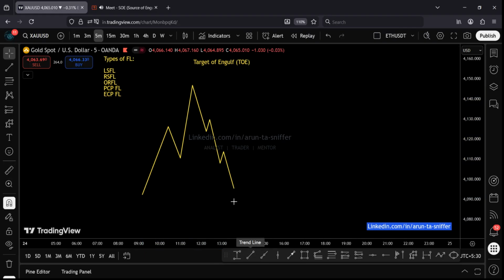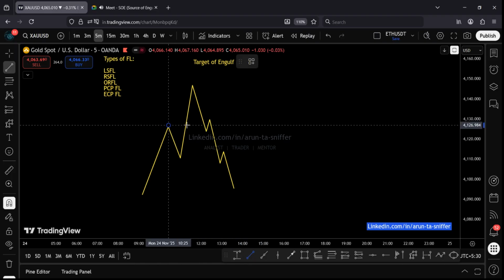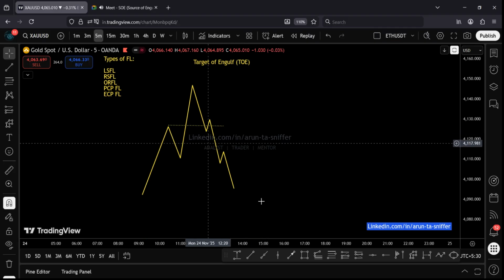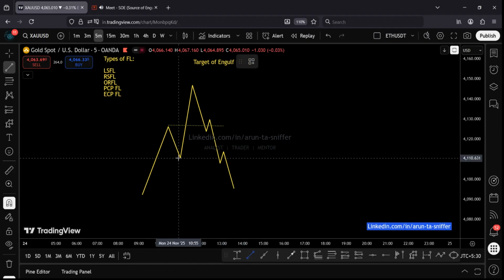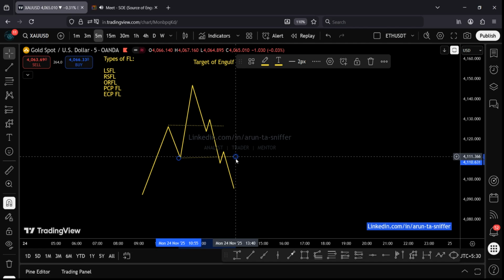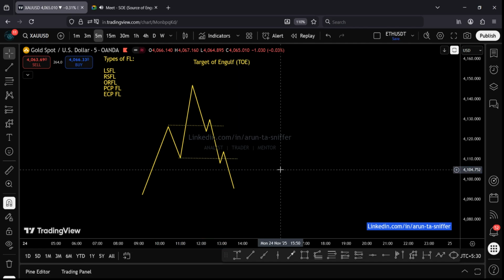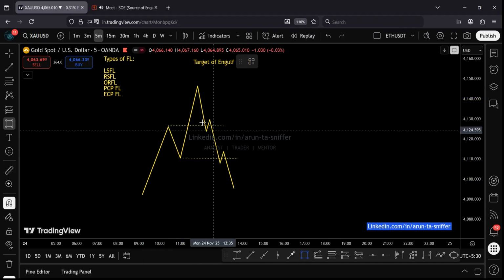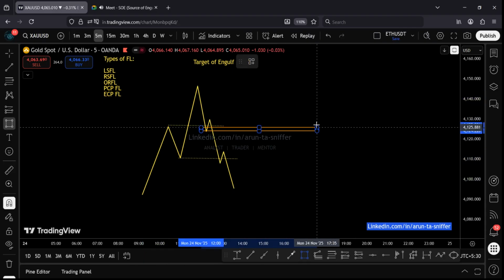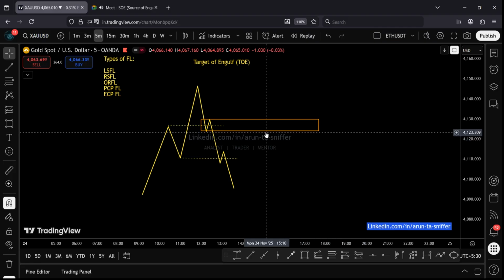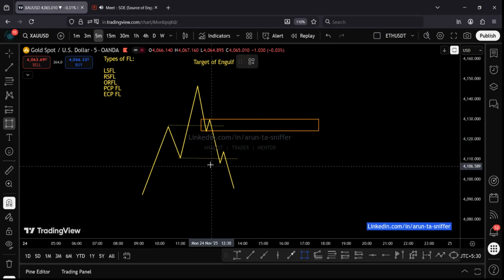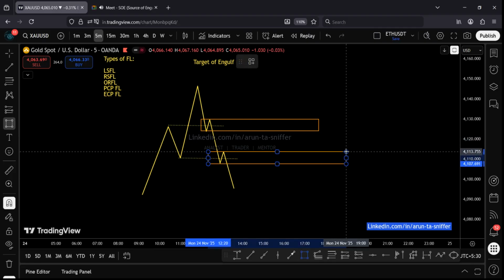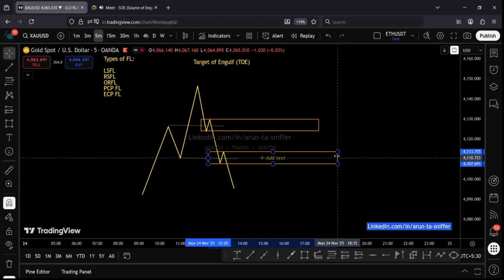So what is happening, we have here LS level, and here we have RS level. So now this one is our LSFL, and this one is our RSFL.